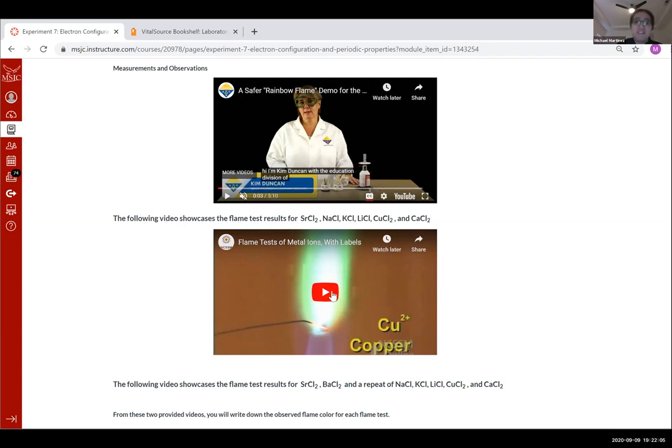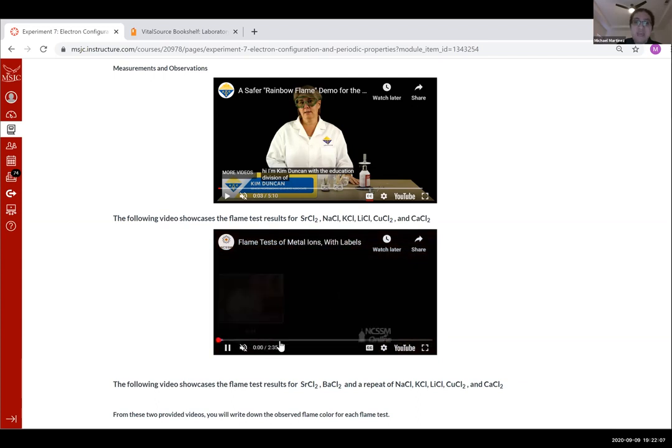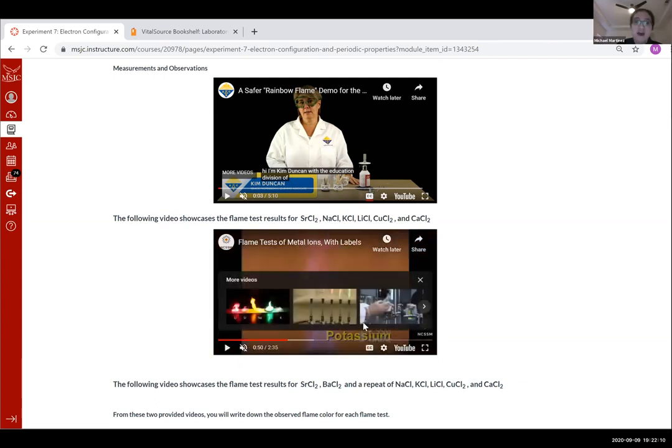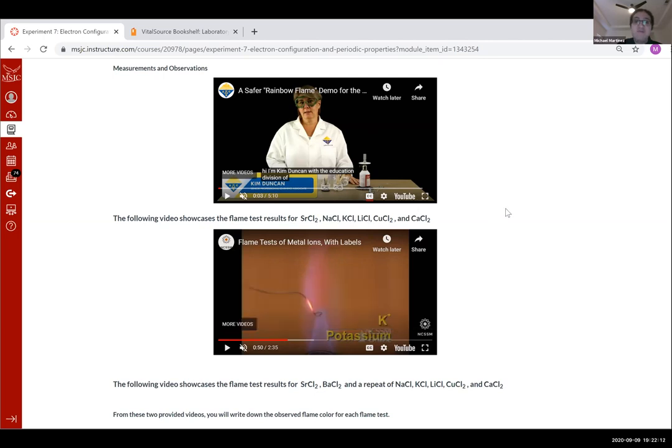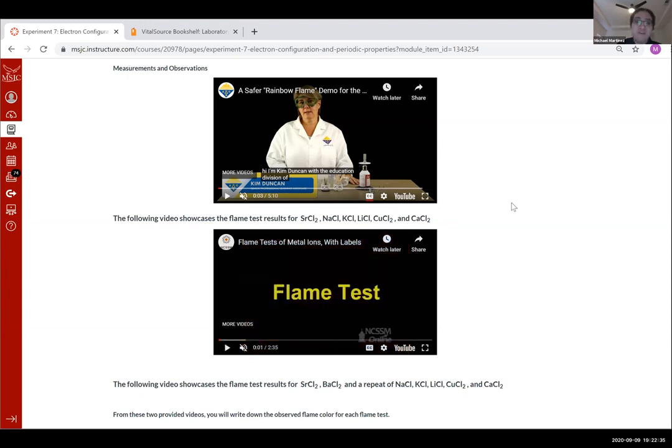The second video is a supplement, which has some repeats, and it also has some new elements that are not mentioned in the first video. Just to be 100% clear, this first video doesn't have barium, so you're going to need to find the barium results in the second video. Both of these videos have the pieces that you need to take all of your flame test observations. Does that make sense?